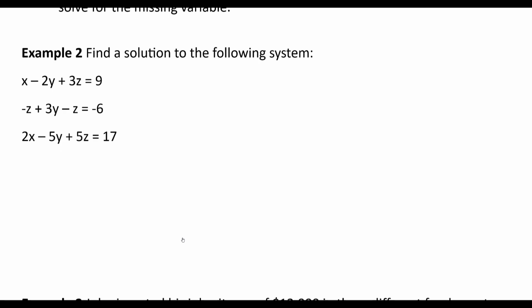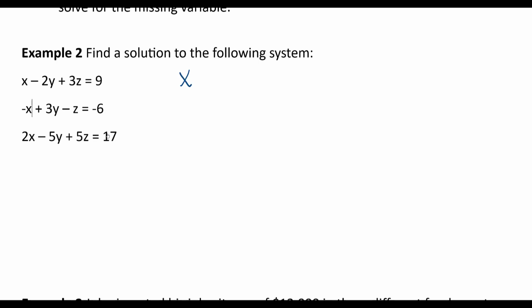Okay, so we're going to look at this one, and if there's a typo, I'm pretty sure this is supposed to be an x here. And we have x minus 2y plus 3z equals 9, -x plus 3y minus z equals -6, and 2x minus 5y plus 5z equals 17. I think I'm going to go for that x to get rid of that first.